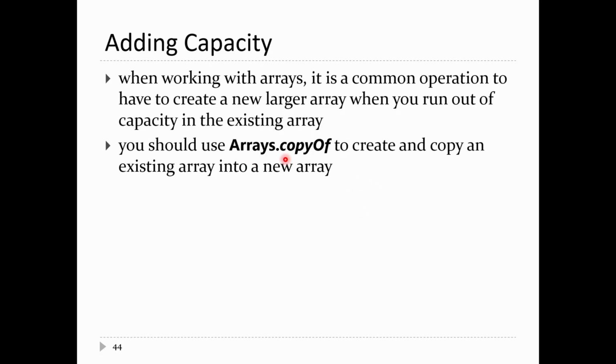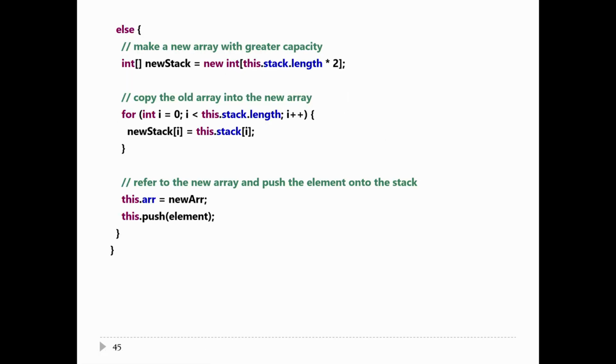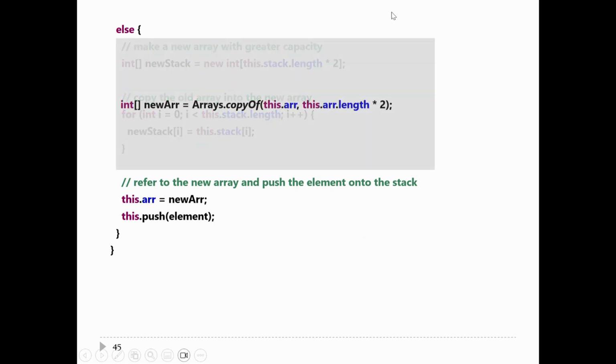The method is called Arrays.copyOf, which we've seen before. But we can now use it to make a new array that is a copy of an existing array, this time having greater capacity. So instead of writing all of this, you can just write that, which is nice.